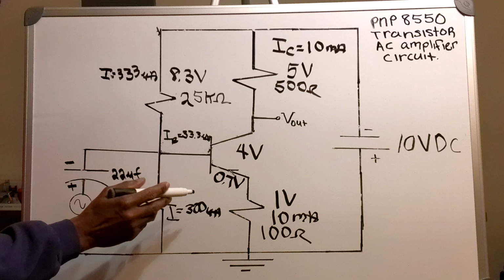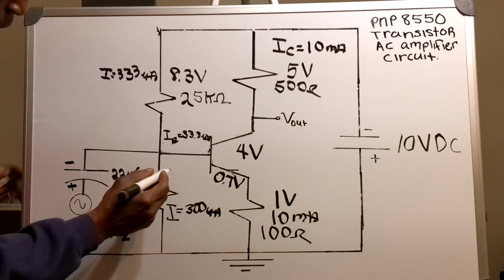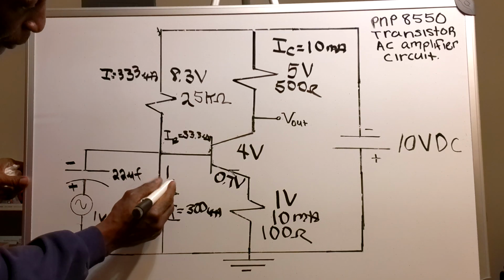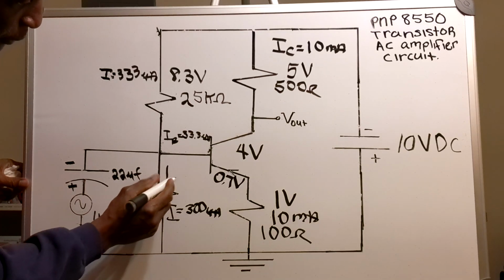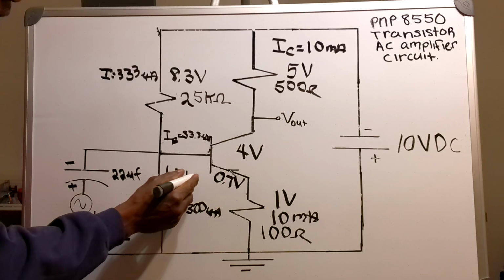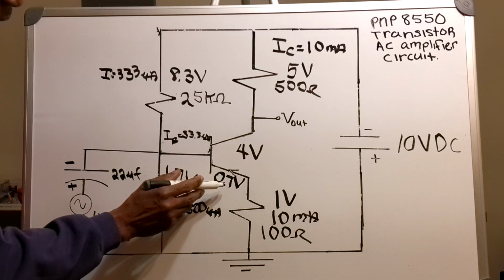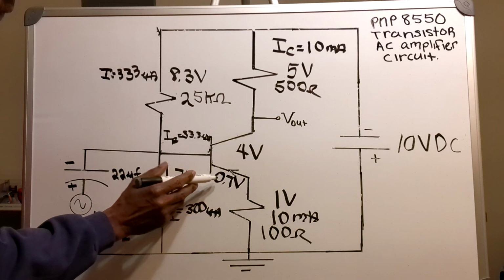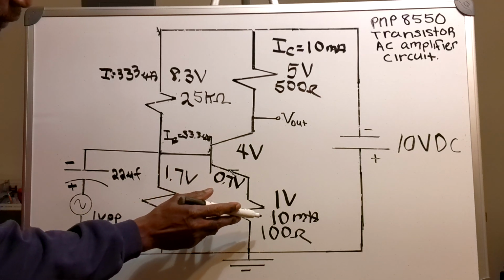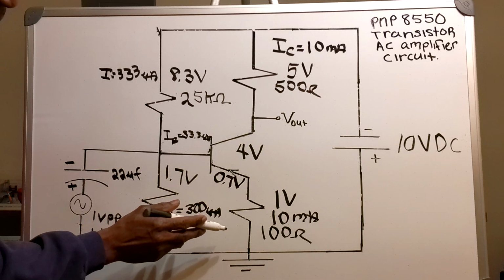The voltage is 1.7 volts. So the voltage across this resistor is 1.7 volts, and it's the same voltage across VBE and my emitter resistor.